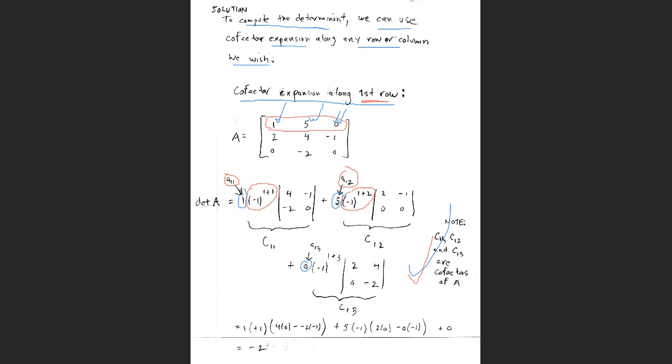And then over here, we have -1 raised to the 1 plus 3 power, A sub 1, 3, first row, third column. I think it's easiest to see how this works by doing it piece by piece.